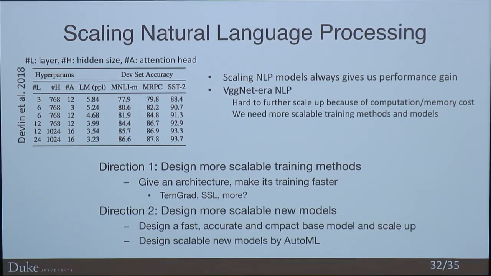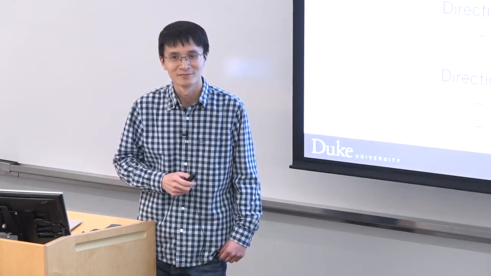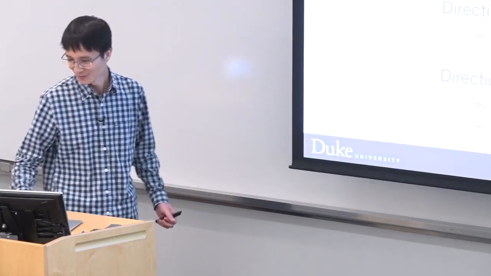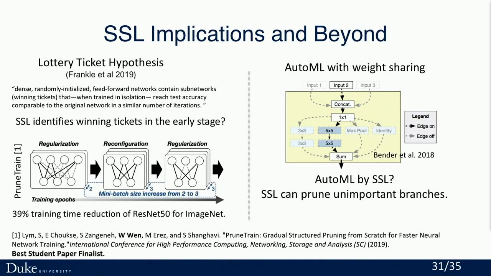SSL doesn't make training faster. Right? SSL does not make training faster. It can, that you just mentioned one example. But you still have to have the entire architecture to reduce it, unless you reduce it in the training.